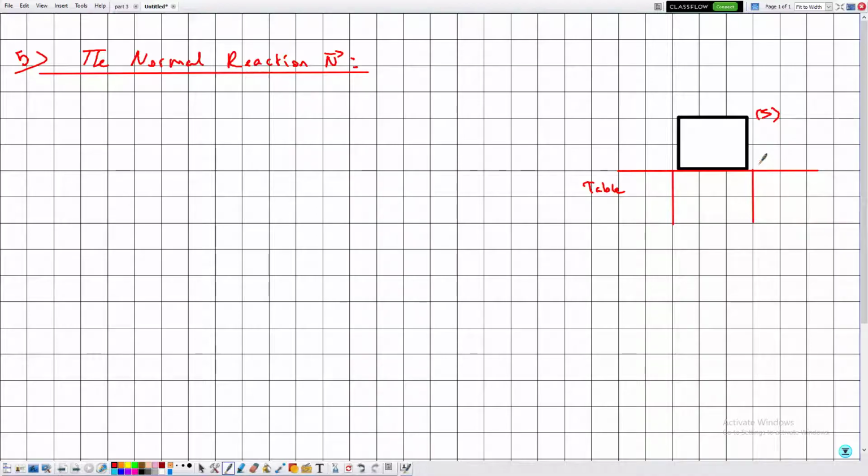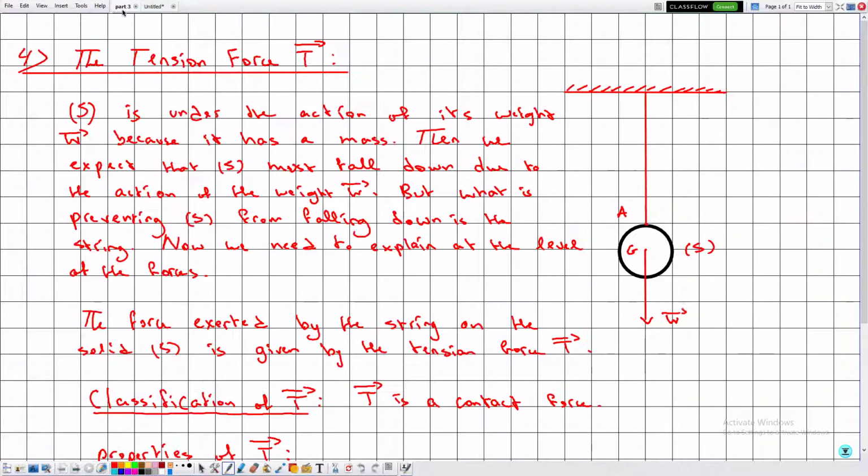Because we are going to discuss forces, let me consider the following 2 points. We are always interested first in the center of gravity of the solid, so this is the center G. Previously, for the tension force, we said S is under the action of its weight W because it has a mass.